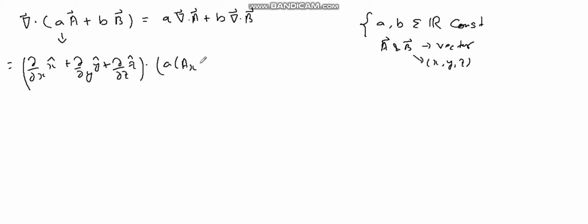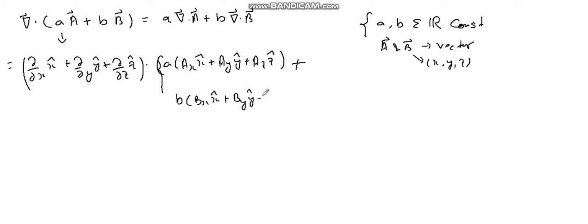Here we will write Ax x cap plus Ay y cap plus Az z cap. Okay, so this is the first term, plus we have Bx x cap plus By y cap plus Bz z cap.